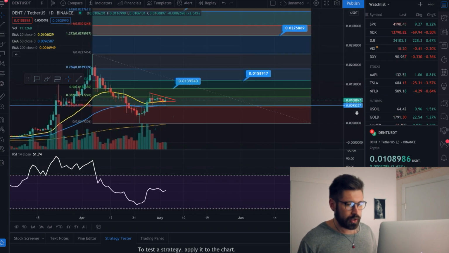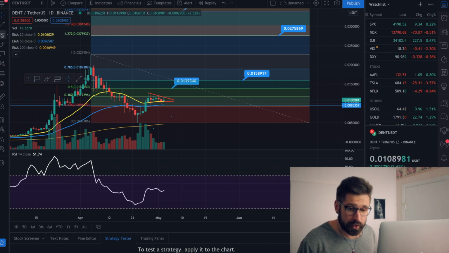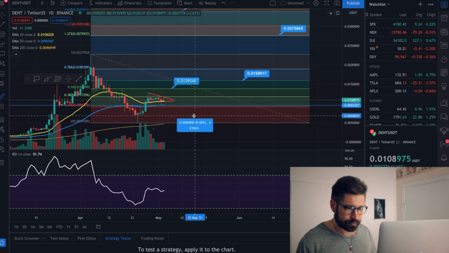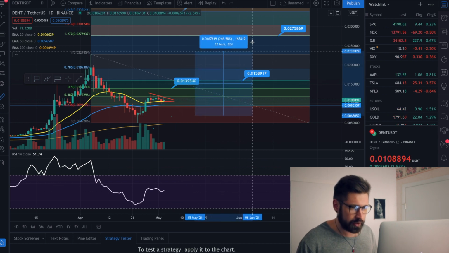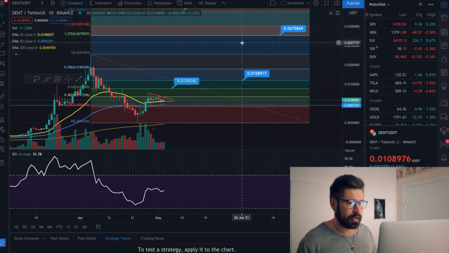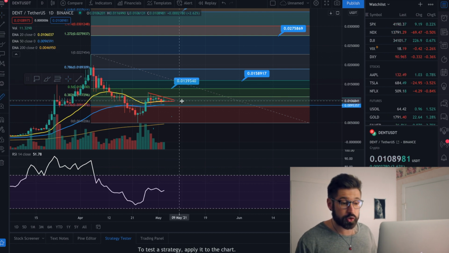All right, guys. So if you were to buy in here, or actually, if you bought in on this bottom here, if you were a smart cookie and you bought in right here, you'd be looking at about a 300% gain for Dent over the next couple of months, if BTC and Ethereum stay strong.